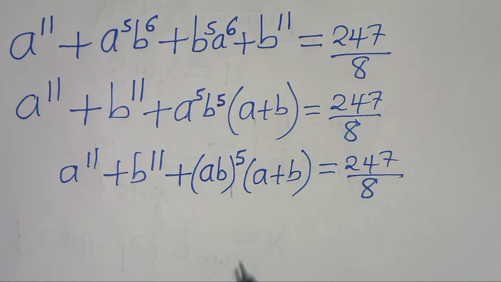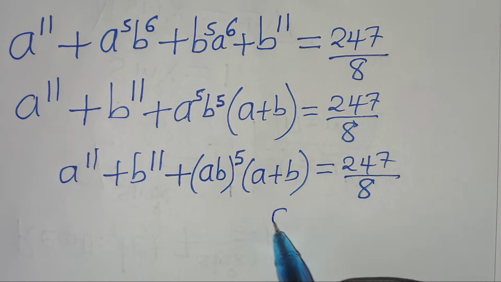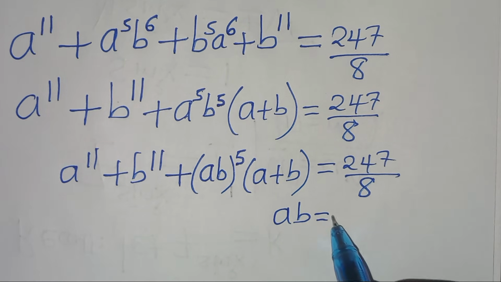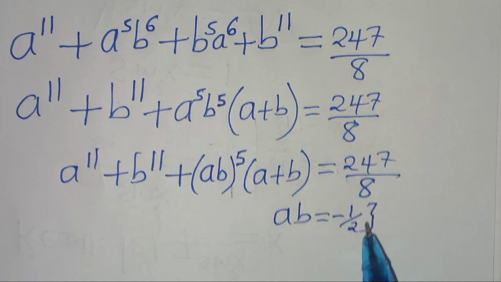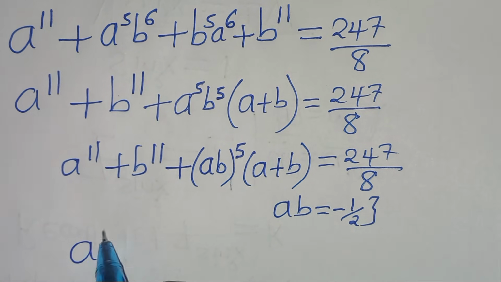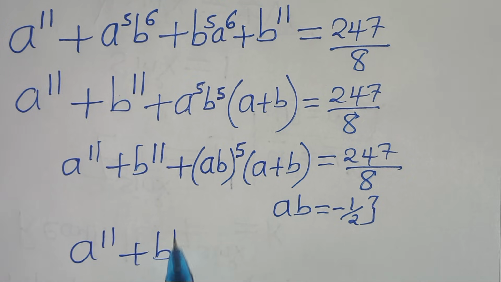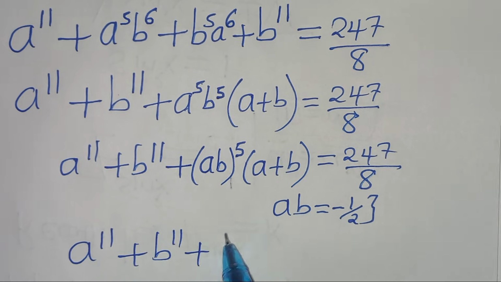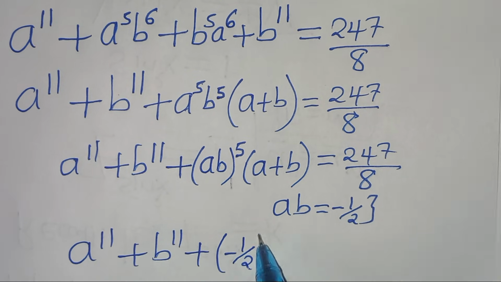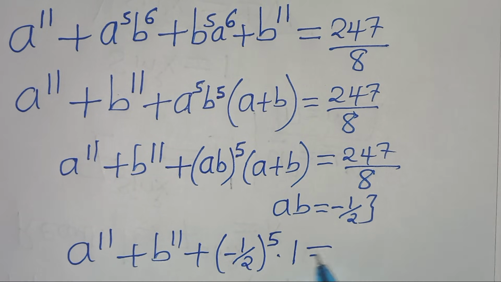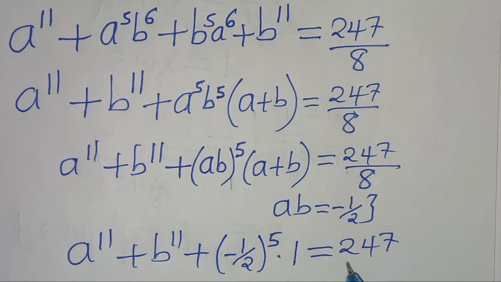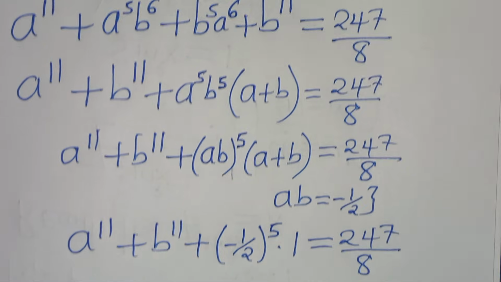Okay. a times b is the same as equation 3, which is minus a half. Let's substitute minus a half so that we have a to the power of 11 plus b to the power of 11 plus minus a half raised to the power of 5 times a plus b, which is 1. This is equal to 247 divided by 8.